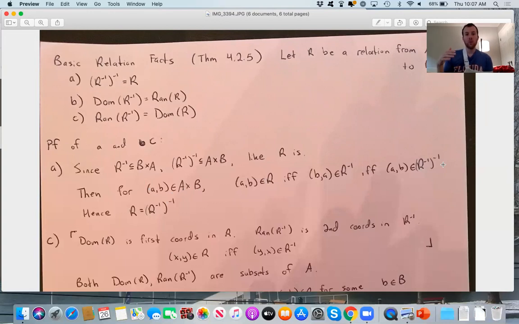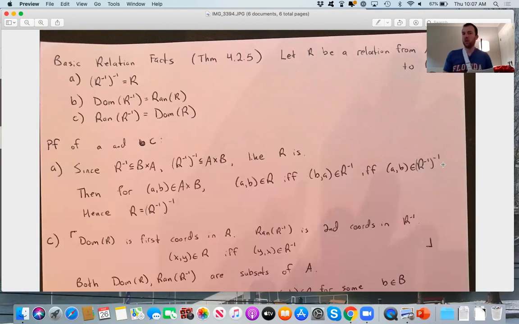And if you were working with this proof for the first time, what you might see in your scratch work is we're trying to show two sets are equal. We do that by showing one is a subset of the other.